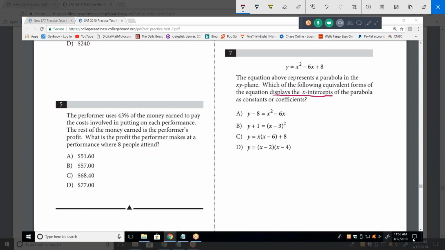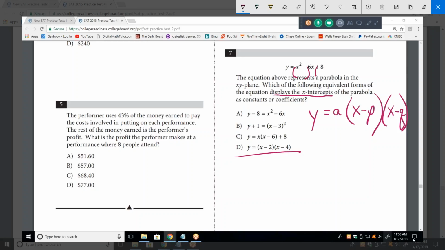In other words, x-intercept format is this: y equals some a times x minus p times x minus q. Well, there's only one of those that even looks like that. That's right there. It's not to say that some of the others couldn't be correct. They could be. But notice that that factors quite nicely.